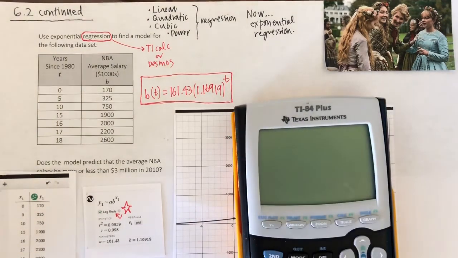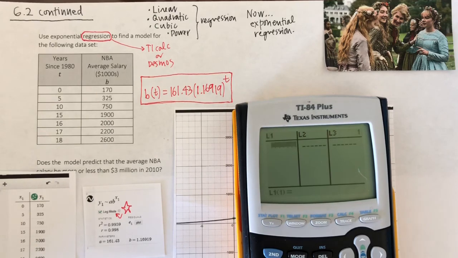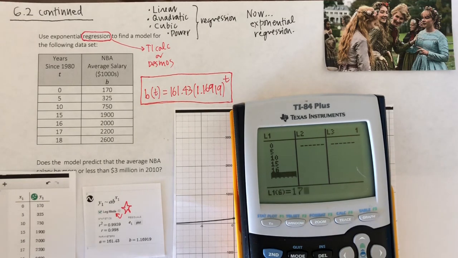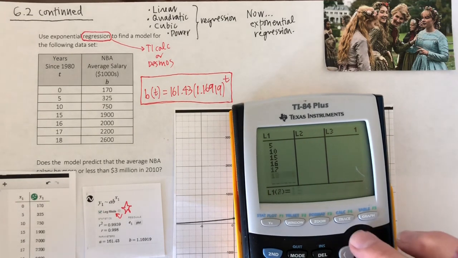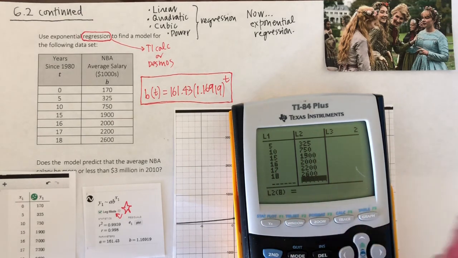Okay, on your TI, you're going to go to stat mode and enter your data. Let's see, we've got 0, 5, 10, 15, 16, 17, 18. And 170, 325, 750, 1900, 2000, 2200. Of course, always make sure that you've input all the data correctly.